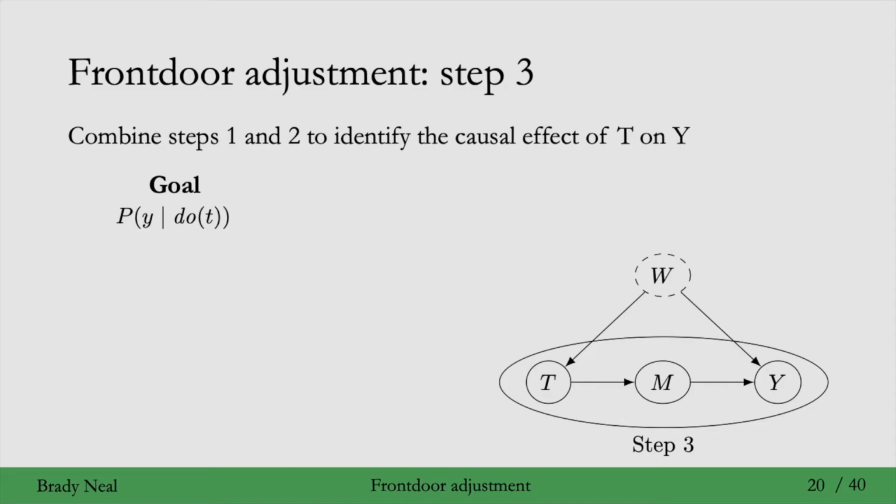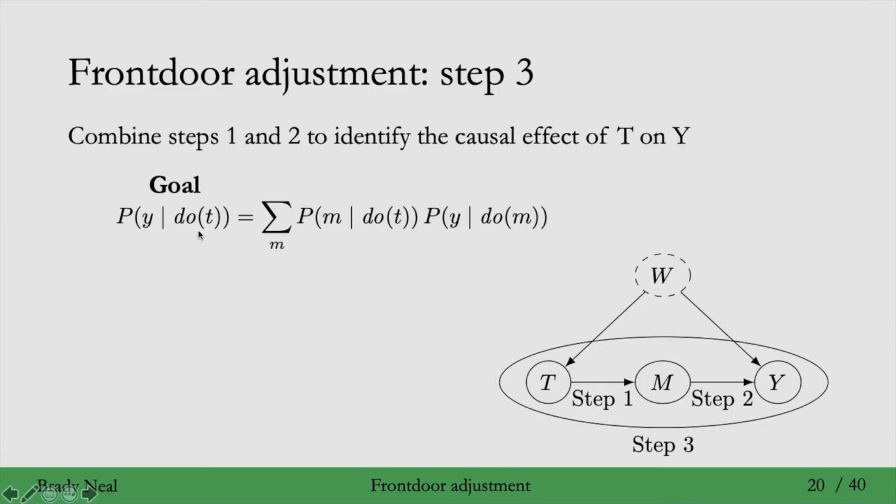To get this, we start with the causal association flowing from t to m that we got in step 1, and we chain this together with the causal association flowing from m to y that we got in step 2. And then because this first one here, p of m given do t, is a distribution over m, we have to sum over all the values that m can take on.